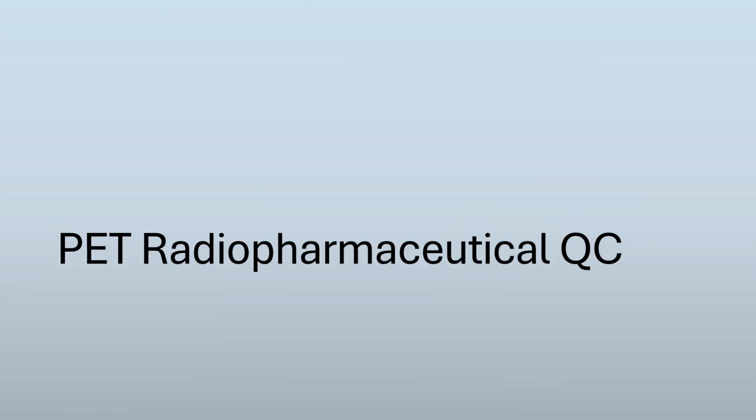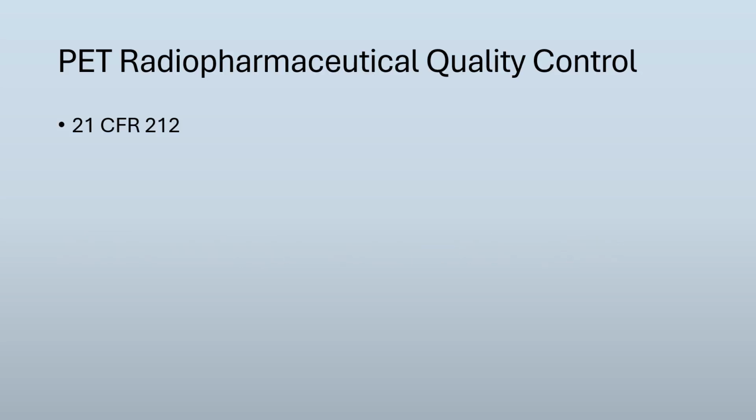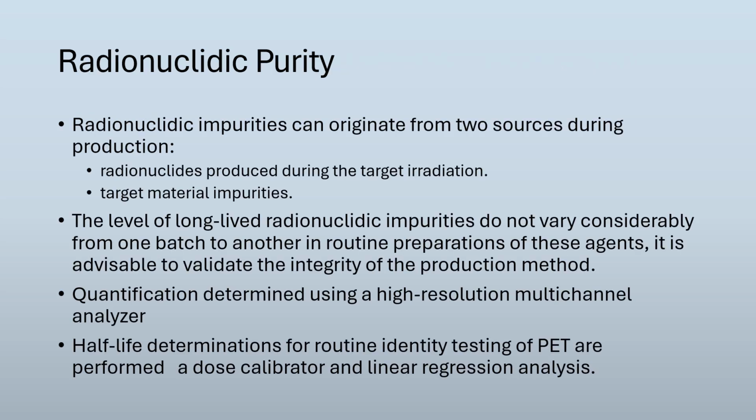Now to talk a little bit about PET radiopharmaceutical QC. PET radiopharmaceutical QC is controlled by 21 CFR 212. The radionuclide impurities can originate from two sources during production: the radionuclides produced during the target irradiation and the target material impurities. The level of long-lived radionuclide impurities does not vary considerably from one batch to another.